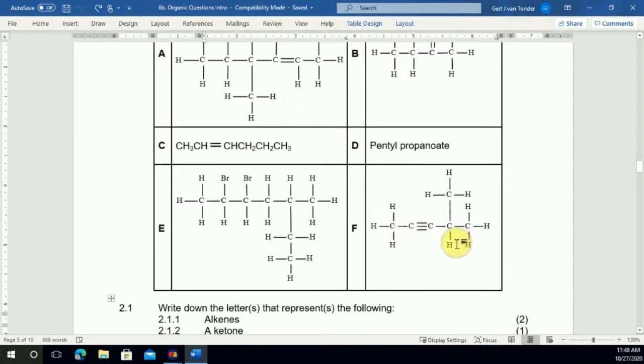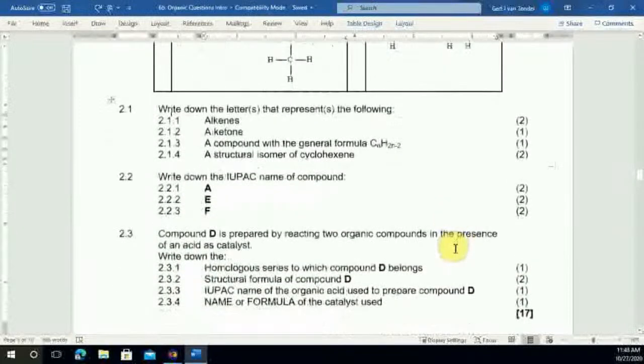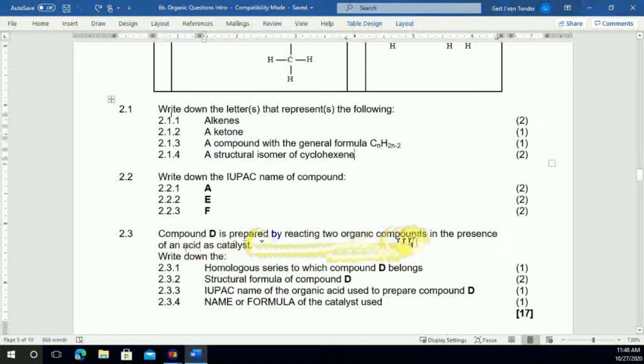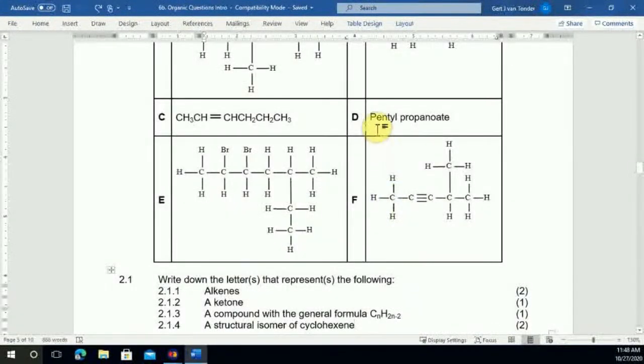Right, next question is, compound D is prepared by reacting two organic compounds in the presence of an acid catalyst. Okay, there's compound D, and as we can clearly see, it is an ester.